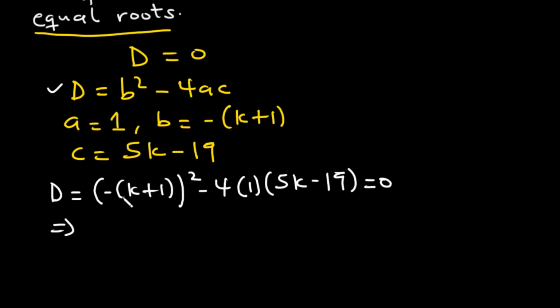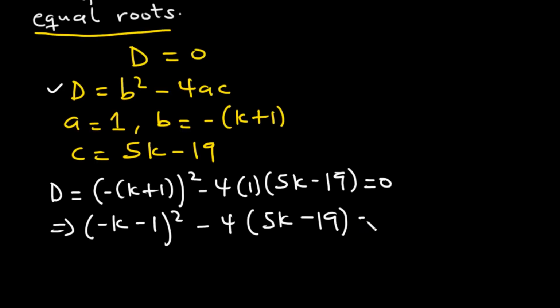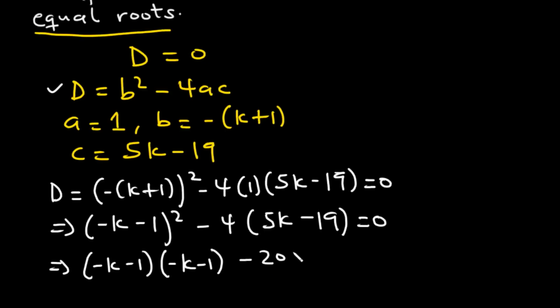Now let's multiply negative 1 across. So it's going to be (negative k minus 1) squared minus 4 times (5k minus 19) is equal to 0. Negative k minus 1 all squared is the same as (negative k minus 1) times (negative k minus 1), and then we have minus 4 times 5k is 20k, and then negative 4 times negative 19 is 76.